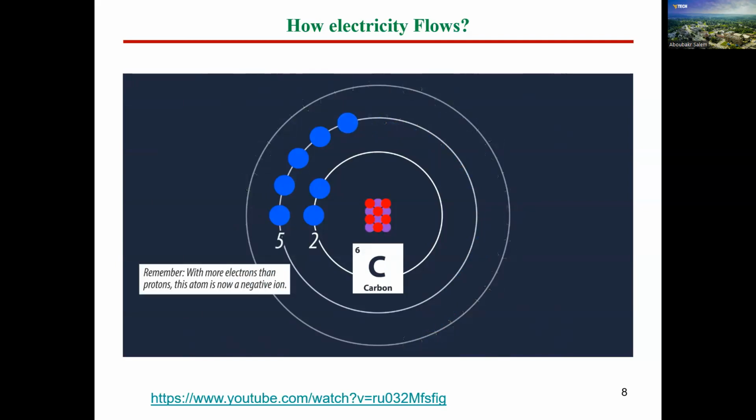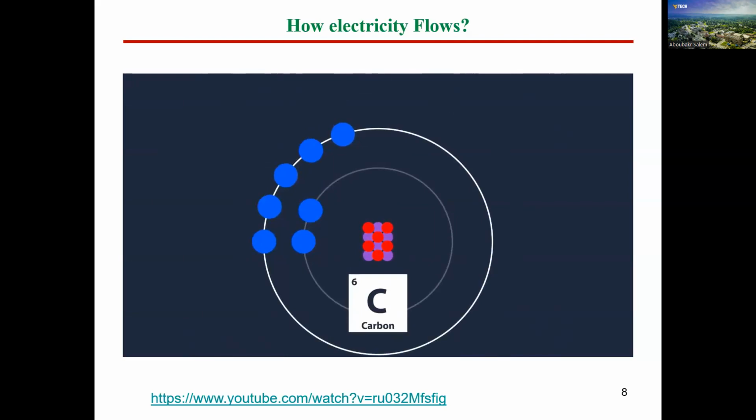The number of electrons on the outermost shell determines the reactivity of the atom. This shell is called the valence shell, and its electrons are called valence electrons. When the outermost shell is full, the atom is generally stable and least reactive.